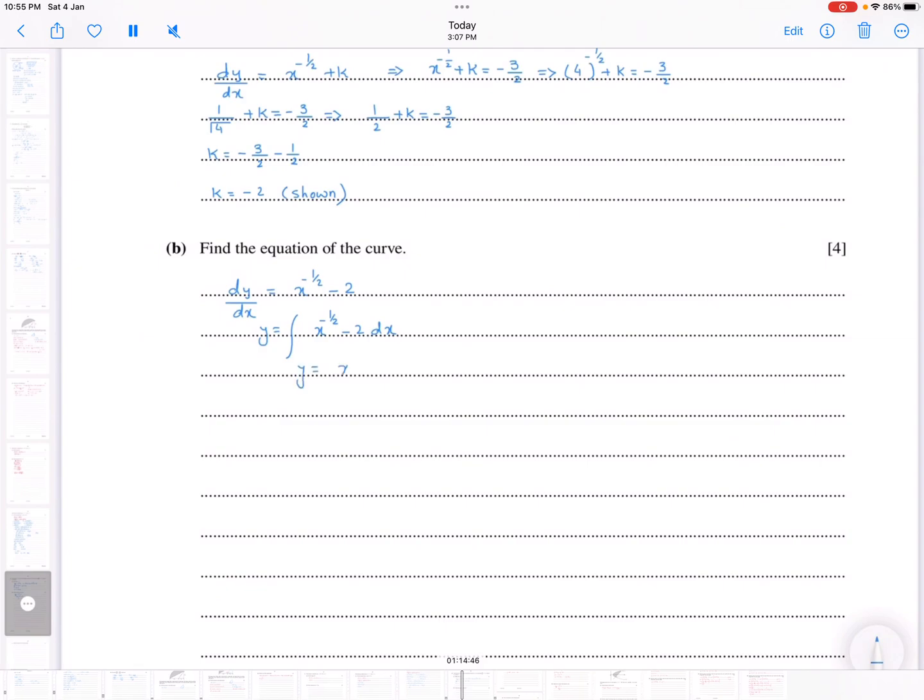So y equals x to the power (minus 1 over 2 plus 1) divided by (minus 1 over 2 plus 1), minus 2x plus c. So this is x to the power 1 over 2 over 1 over 2, minus 2x plus c. The denominator 1 over 2 becomes 2, and x to the power 1 over 2 becomes the square root of x, minus 2x plus c.